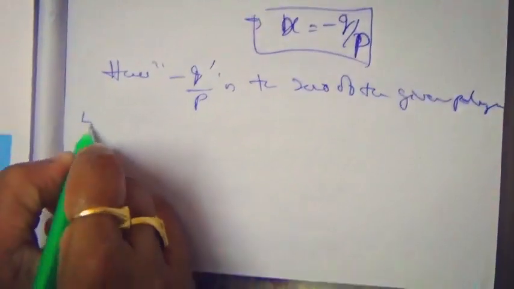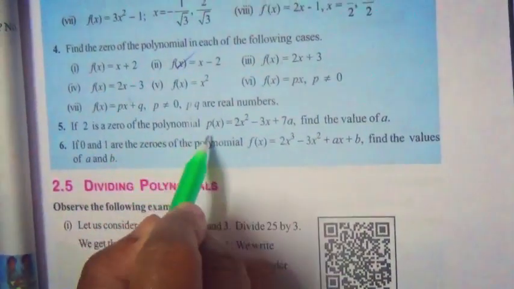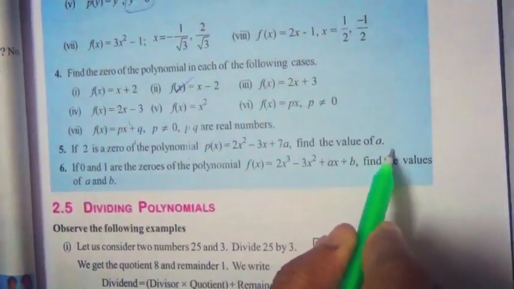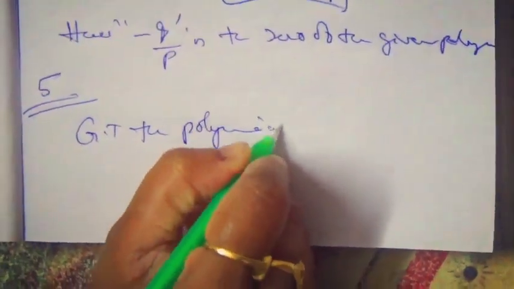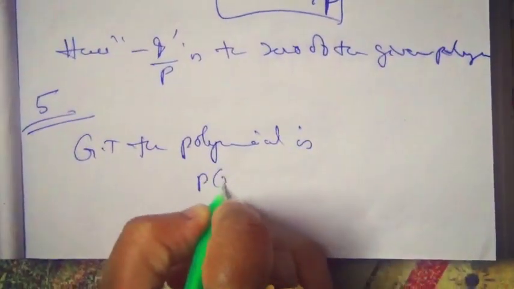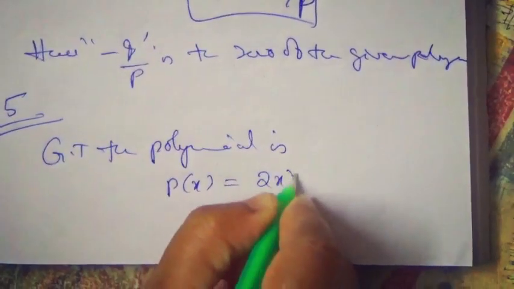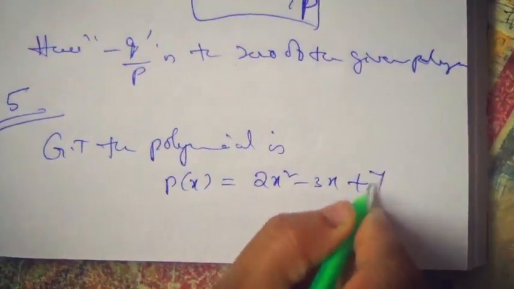Okay, fifth sum. Look here. If 2 is the zero of the given polynomial, then find the value of a. Okay, so given that the polynomial is p of x is equal to 2x square minus 3x plus 7a.